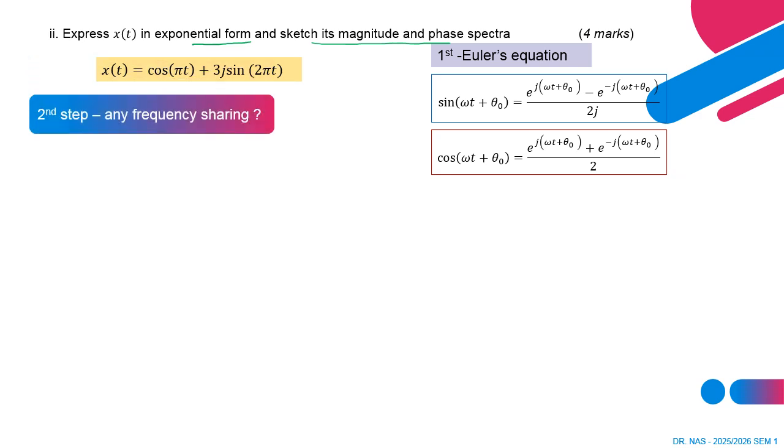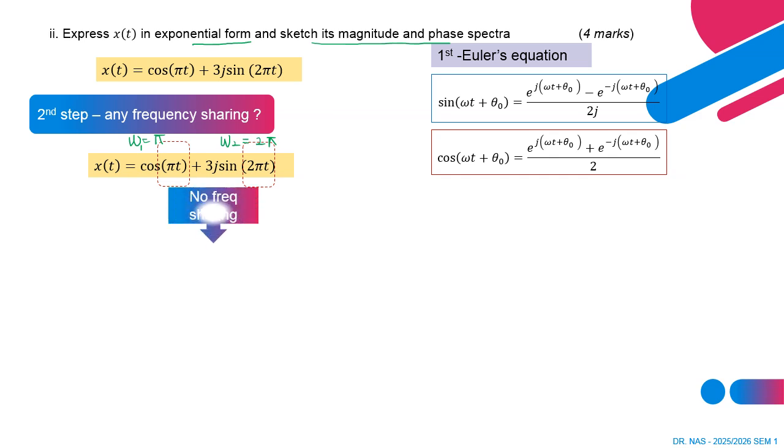And then you need to check for frequency sharing between components. Look at the first component and the second component. The first omega 1 is pi, but omega 2 is 2 pi. So there's no frequency sharing.